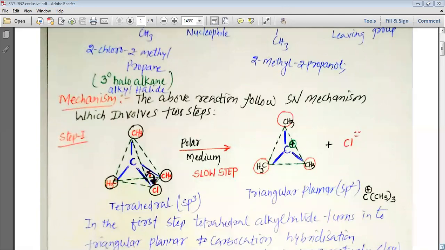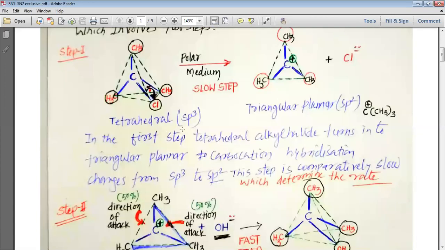In the first step, we have a tetrahedral sp3 hybridized 2-chloro-2-methyl propane. In the polar medium, with a very slow step, it is converted to a triangular planar sp2 hybridized carbocation.